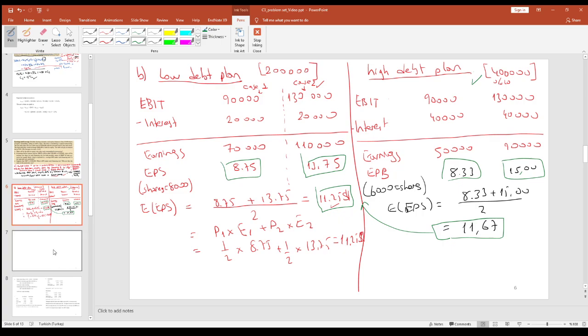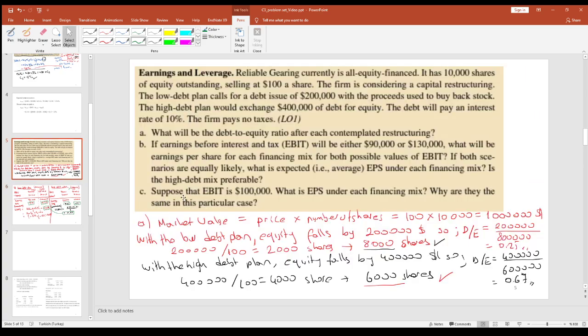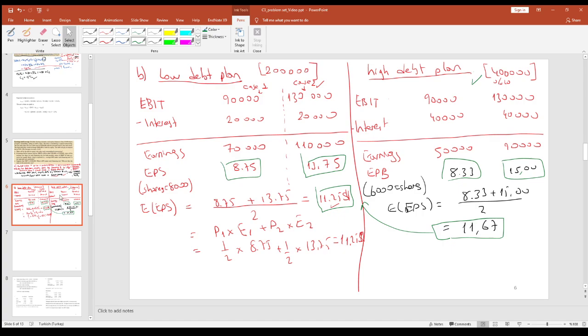Okay, let's move on to part C. Suppose that earnings before interest and tax are $100,000. What is the earning per share under each financing mix? Why are they the same in this particular case? Let's calculate. We will do this again under $100,000.